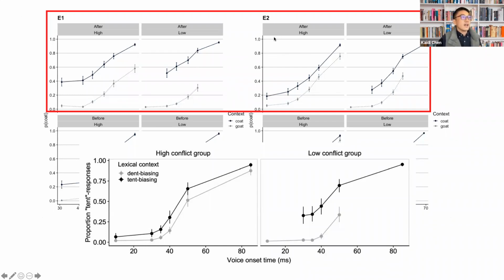And after we have changed the instructions to without promoting that much of the semantics, our context effect has become smaller compared to experiment 1, where we have more semantics promoted instructions.